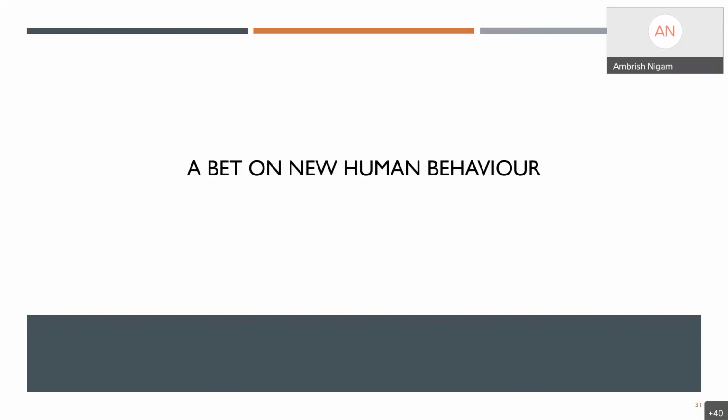If we are betting on a new human behavior, sometimes this can work, but it's rare actually. At the very least, products have to tap into the same fundamental human motivations that have driven us for thousands of years.